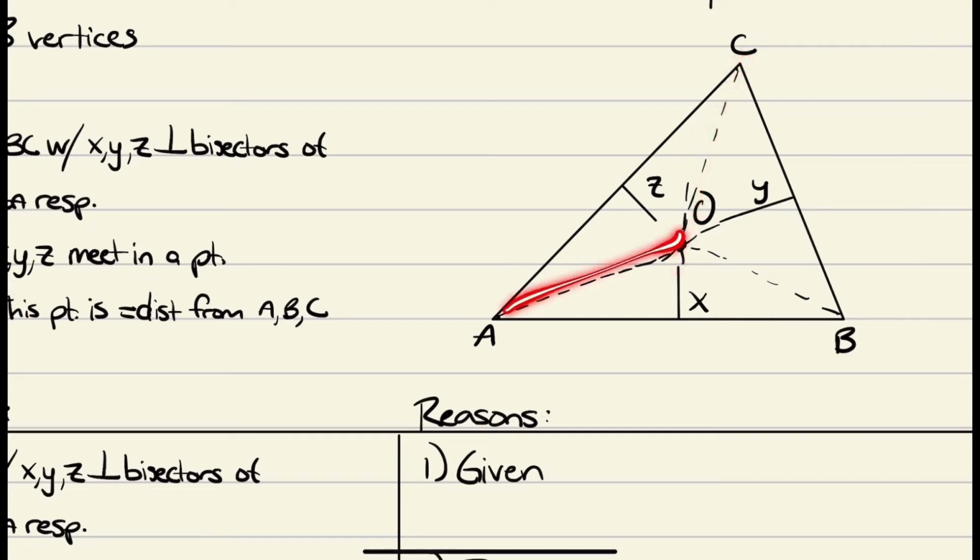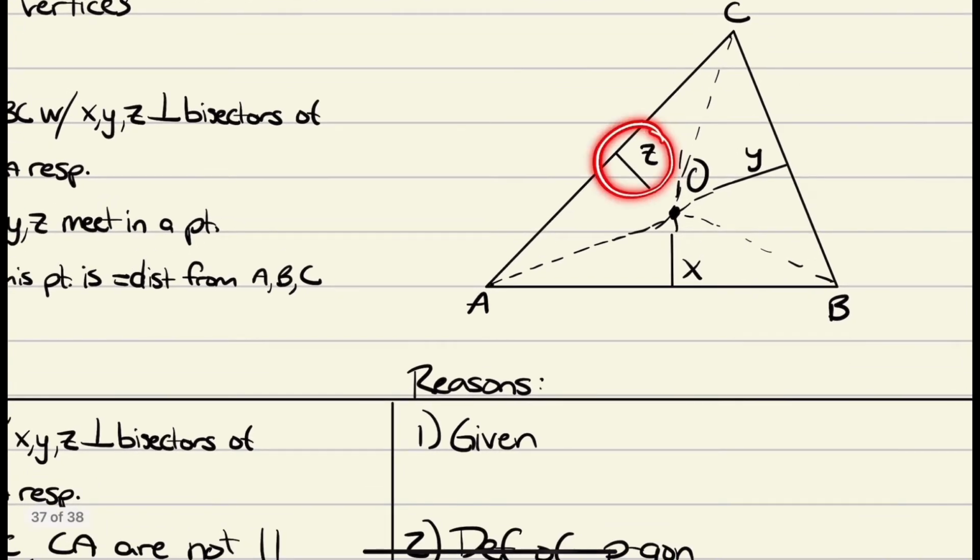We can do that. And so now we have all three of these vertices going to that point O. We haven't said anything about Z yet, but we can state some things about AO, BO, and CO.